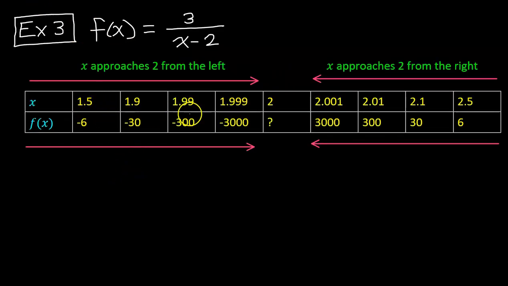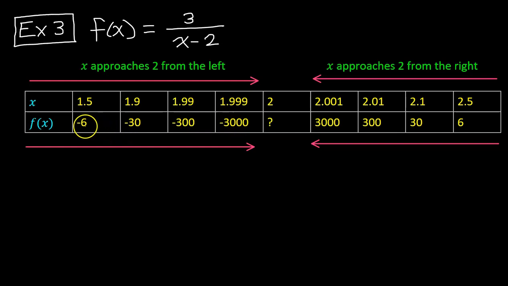So study this table of values for a moment. Notice that I have the x values getting closer and closer to 2 from the left and getting closer and closer to 2 from the right. So the question is, as x approaches 2 from the left and as x approaches 2 from the right, what is happening to the value of the function?